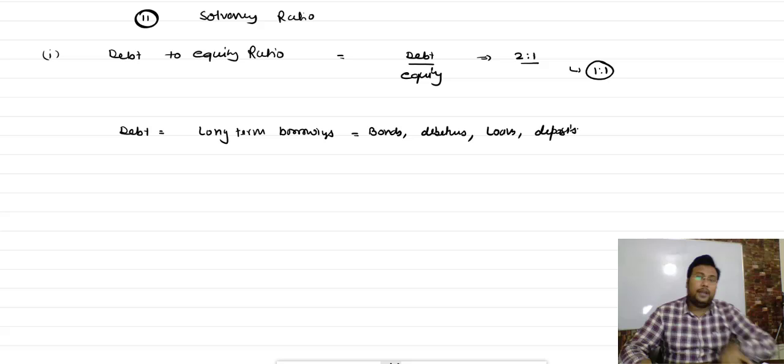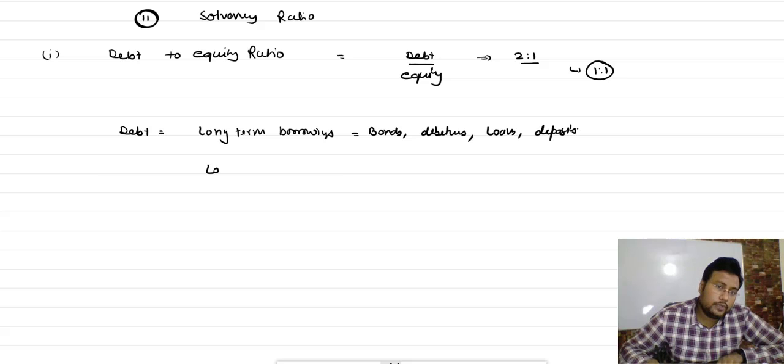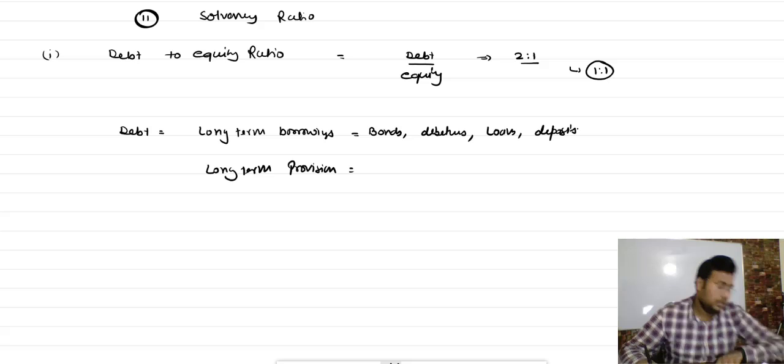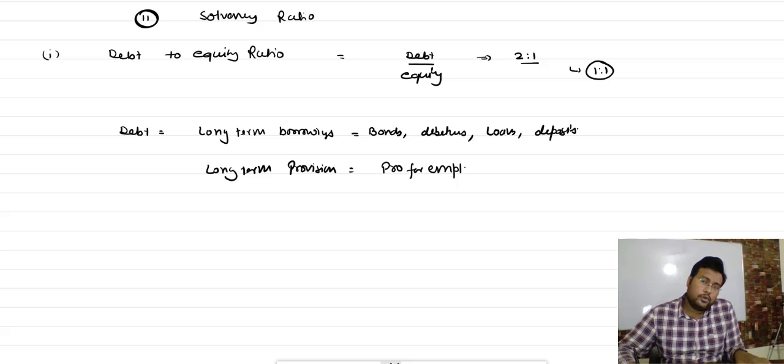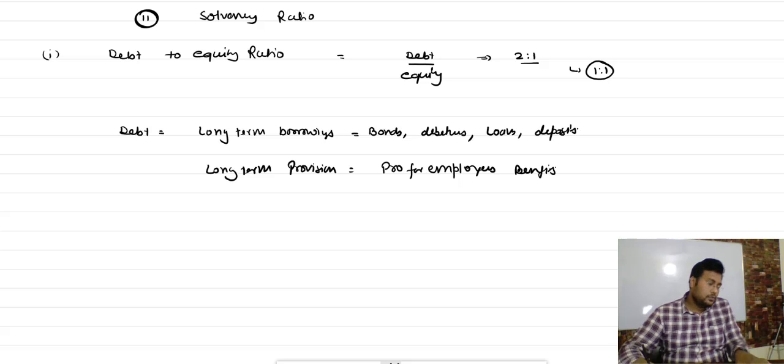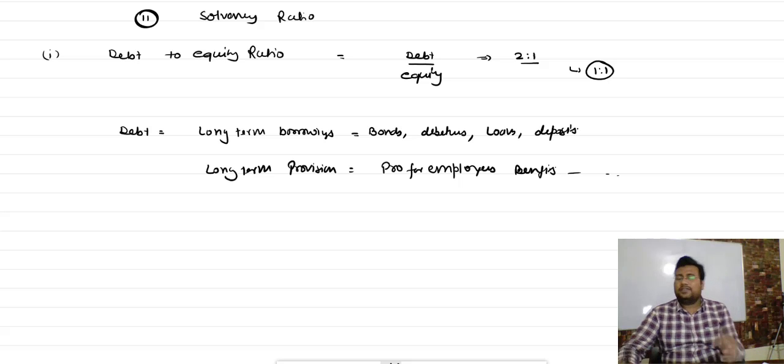A part of that, long-term provisions also come under the debt. Under the long-term provisions, like provisions for employee benefits, and other provisions are there. So this is debt.